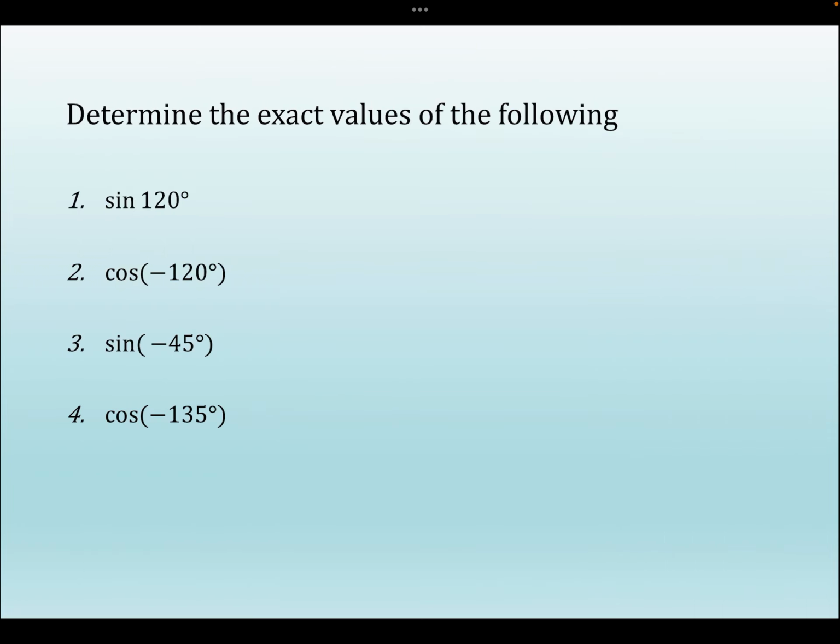Now, can you determine all these angles? Sine 120 degrees should be sine 180 degrees minus 120 degrees, which is sine 60, which is root 3 over 2. Cos minus 120 degrees is minus cos 180 degrees minus 120 degrees, which is minus cos 60 degrees, which is minus half.